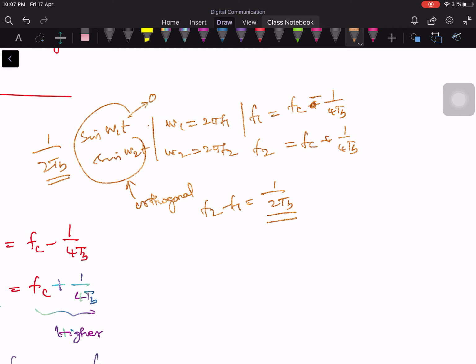And this signal is not an infinite duration signal, that point you should remember.